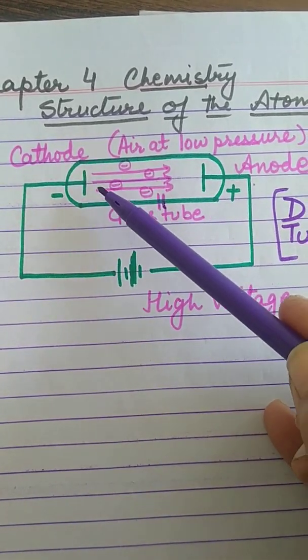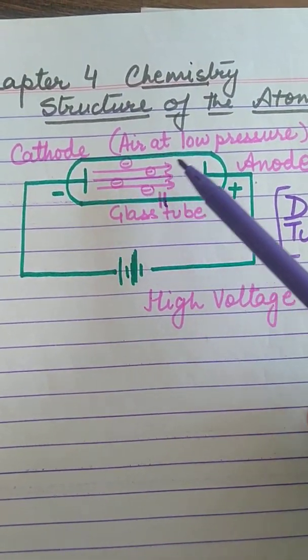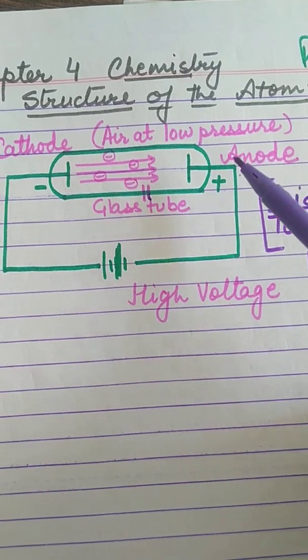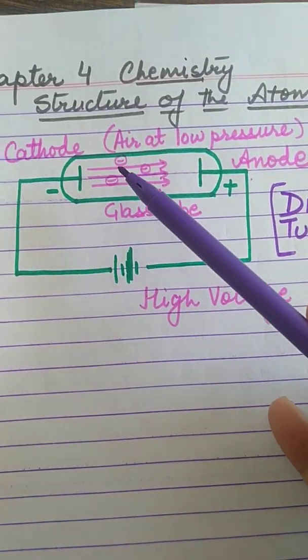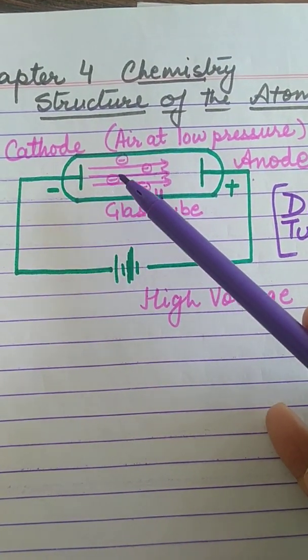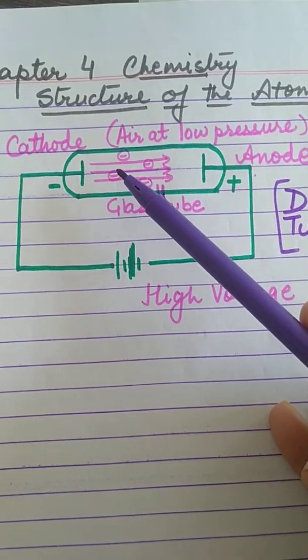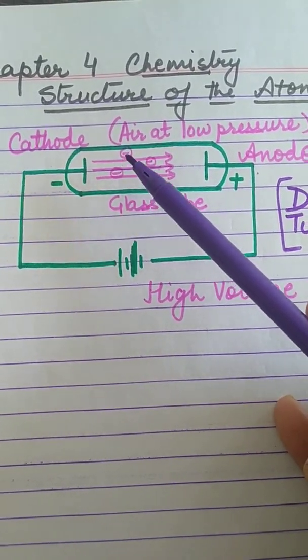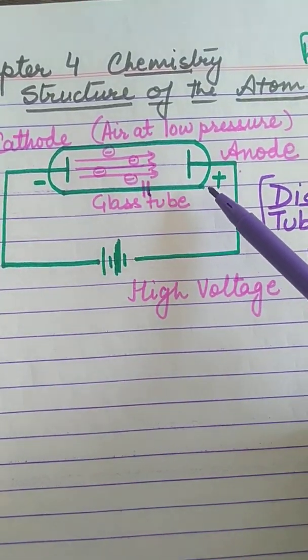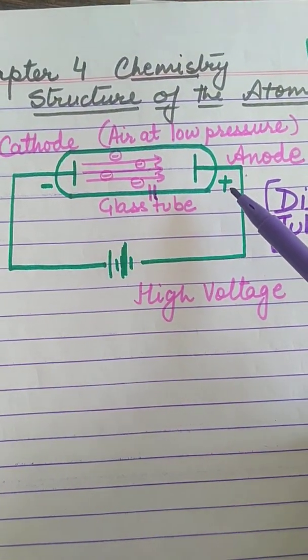So the rays going towards the anode, which is positive, means the particles making the rays were of which charge? They were of negative charge. It was confirmed because they were moving toward the positive terminal.